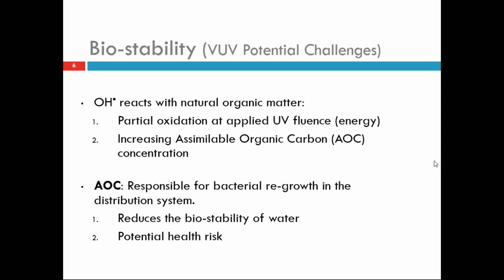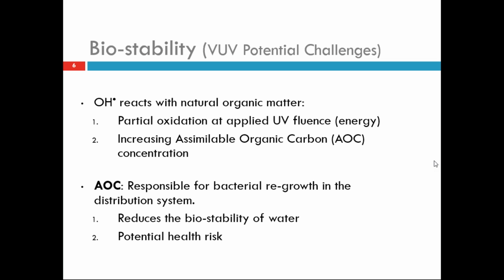But whenever we talk about advanced oxidation process, be it ozonation or UV peroxide, there's always a challenge of biological stability, and so it is with vacuum UV, because the OH radical that's generated is non-selective, and apart from the target micropollutant, it also reacts with natural organic matter or NOM in the water.